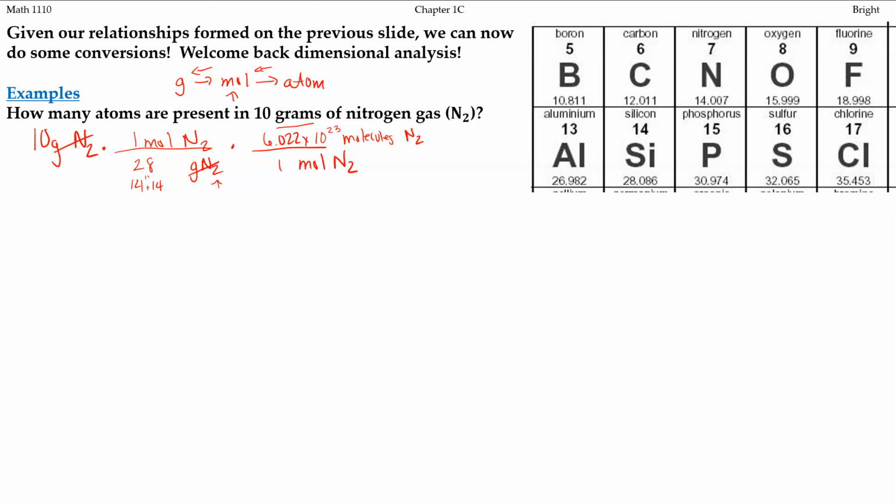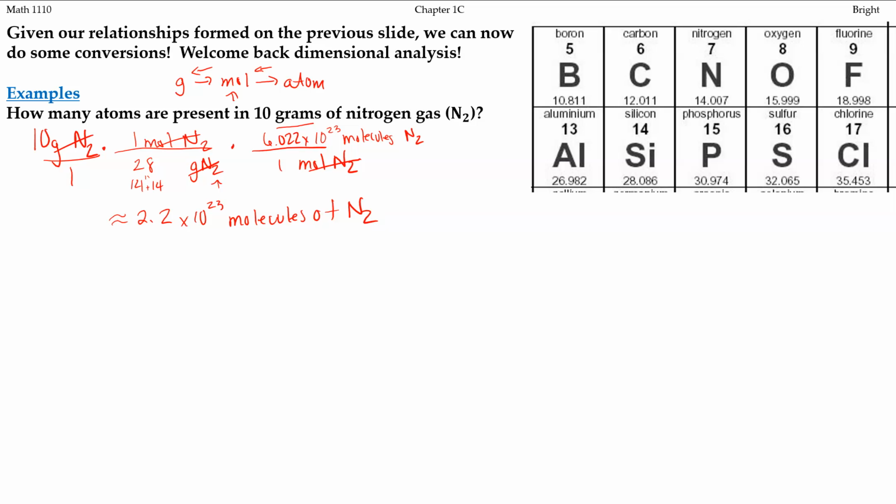Okay, and so if I do the mathematics out, the moles would be gone, and I can multiply all this straight across, and what I end up with is, using an approximation symbol here, approximately 2.15 times 10 to the 23rd atoms. And if I really wanted to, I should probably only use 2 sig figs, really only 1, but we can say this is that many molecules of N2.